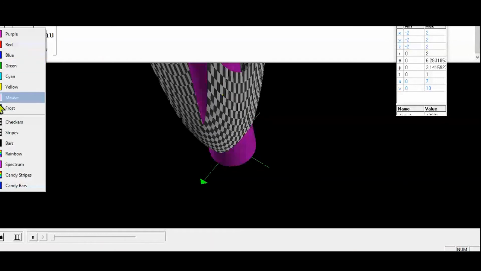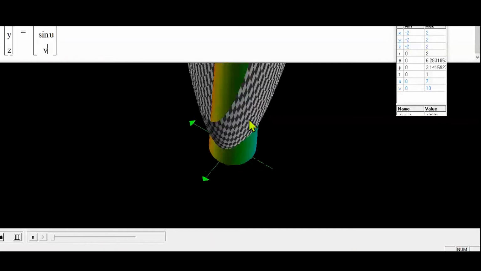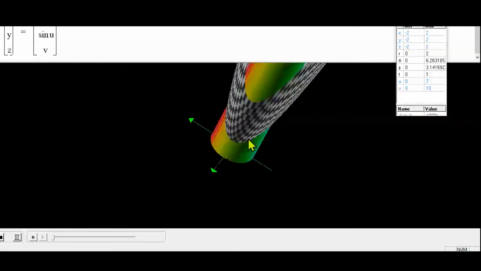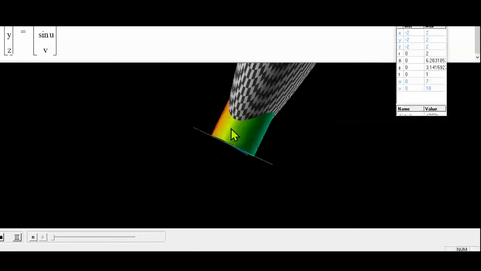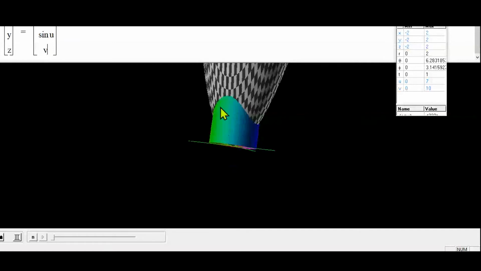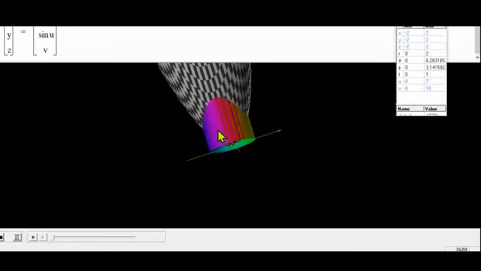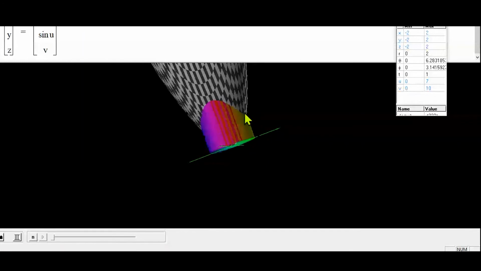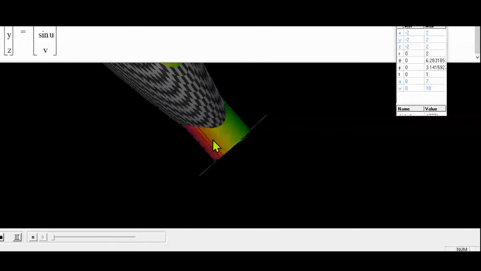Let's change the color. Should we have a full rainbow? Actually, I don't want to use it, I'm going to leave it for now. Do you see that? So this curve that I'm describing is the top of this surface, you know what I'm saying? Good.